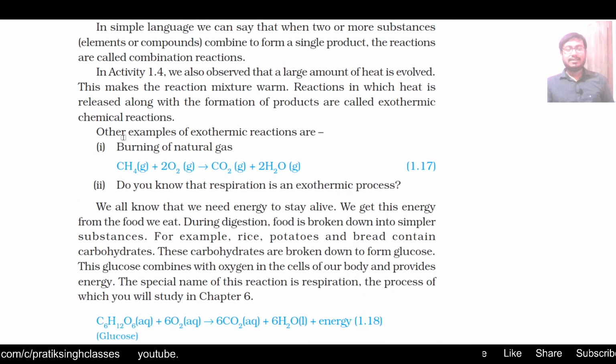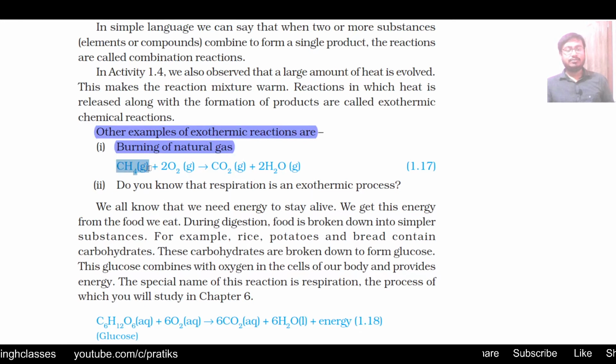Another example of exothermic reactions is the burning of natural gas. When methane in gaseous form combines with atmospheric oxygen, it makes carbon dioxide and water, both in gaseous form. Whenever we have H2O with (g) written there, that means water vapor.